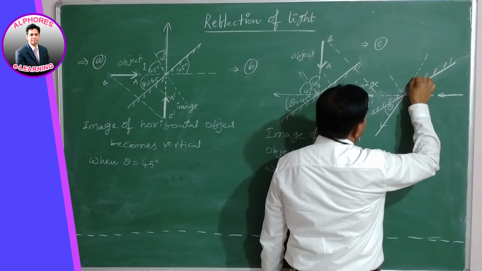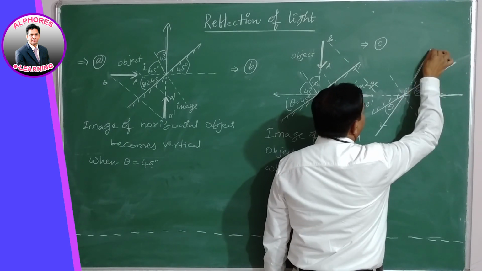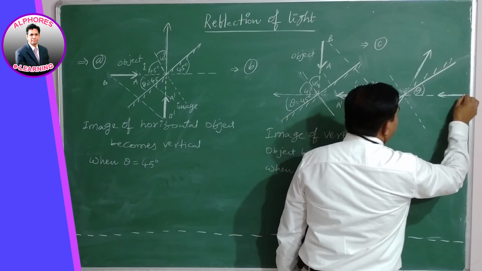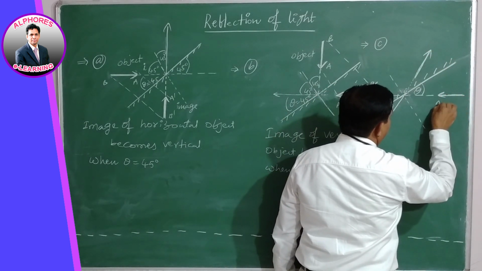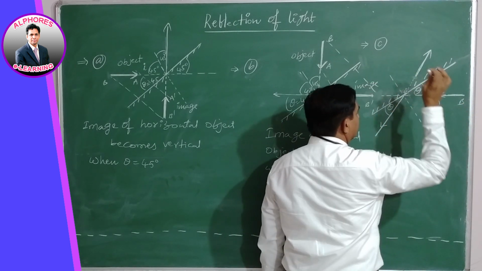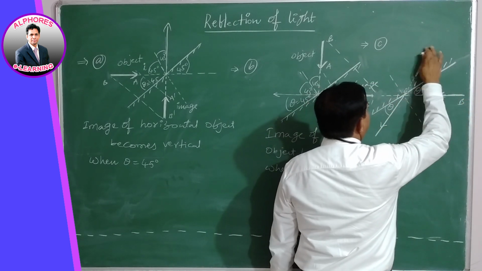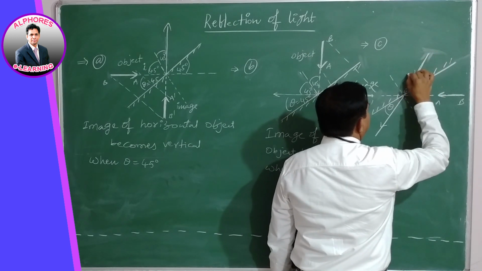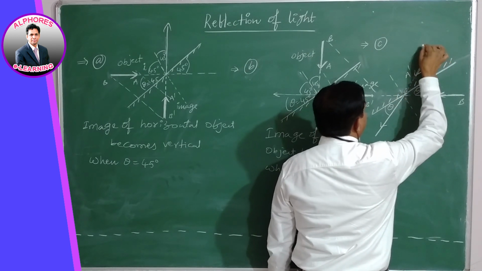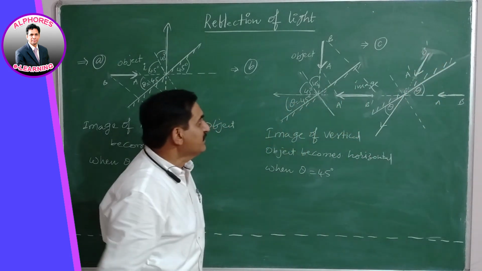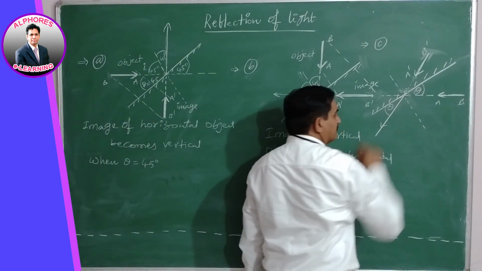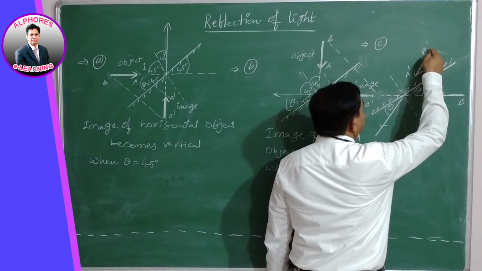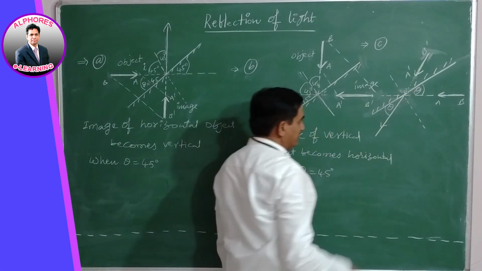This is the image of this object. Suppose you consider this as object AB and the corresponding image as A dash B dash. Why are we taking its direction towards the mirror? Because the object is approaching the mirror, the image will definitely also approach the mirror.